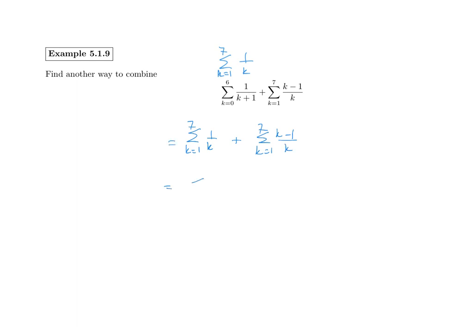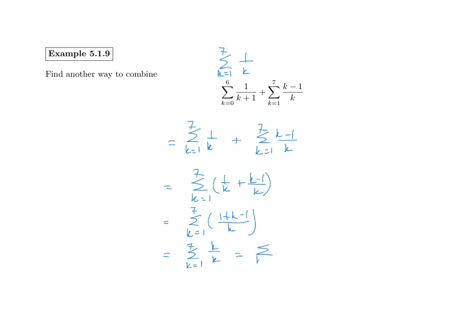And what happens is now we have the sum from k equals 1 to 7 of 1 over k plus k minus 1 over k. They have the same denominator, so all we have to do is add the numerators. So we get 1 plus k minus 1 all over k, or the sum from k equals 1 to 7 of k over k.